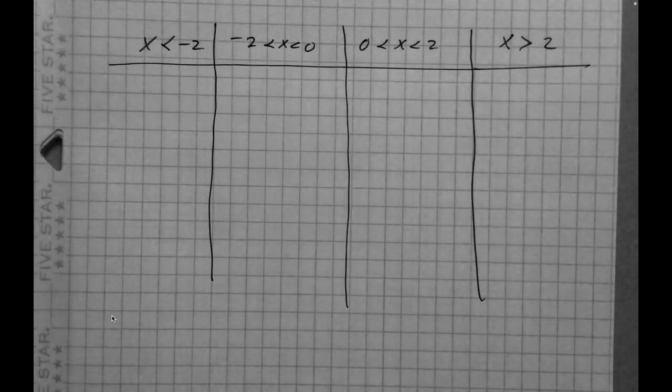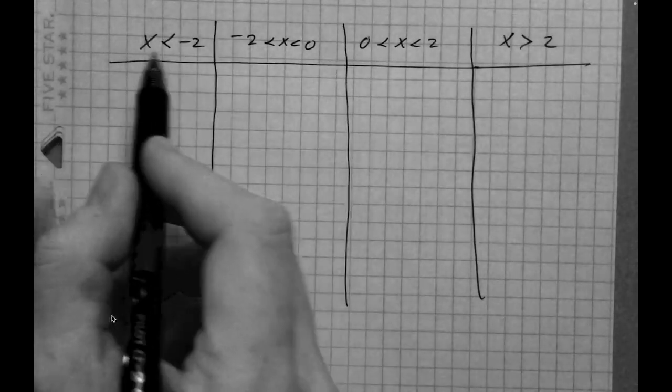And so remember, what we want to do here is we're looking for increasing, decreasing regions. We're also looking for relative extrema. We're also looking for any changes in concavity, so like inflection points.